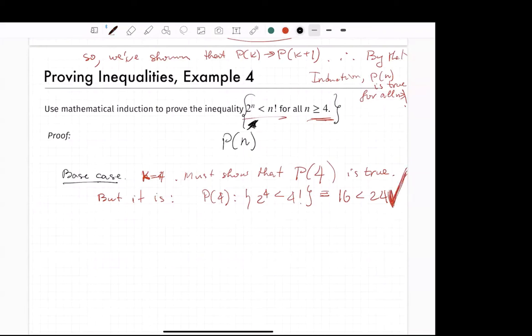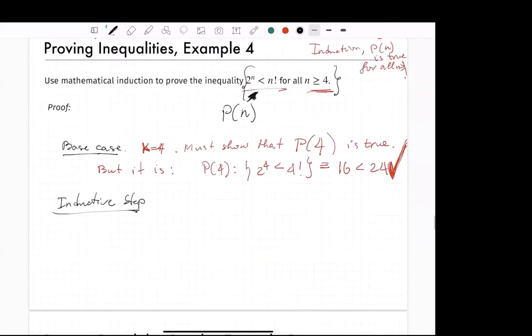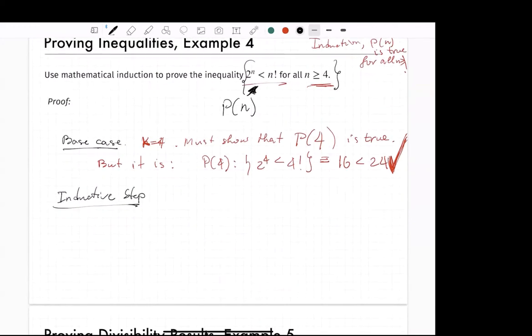Okay, so inductive step. So now you help me out. What am I writing down? So I want to show P of k plus 1 is true whenever, just another way of phrasing that I'm proving the implication, whenever P of k is true.